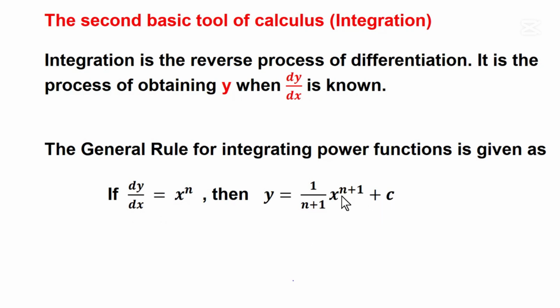In other words, we are increasing the power by adding 1 to the power to form a new power, and then dividing the term by the new power. So integration is denoted by the symbol ∫. This symbol is used to denote integration, which is usually referred to as the indefinite integral.